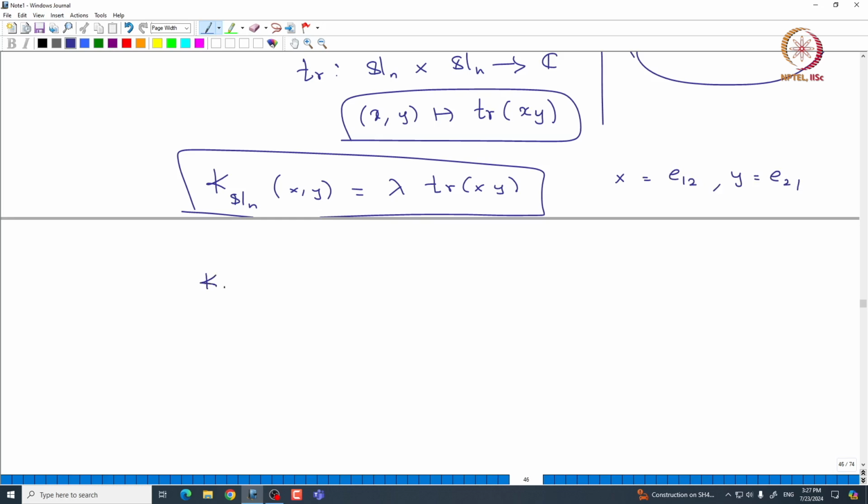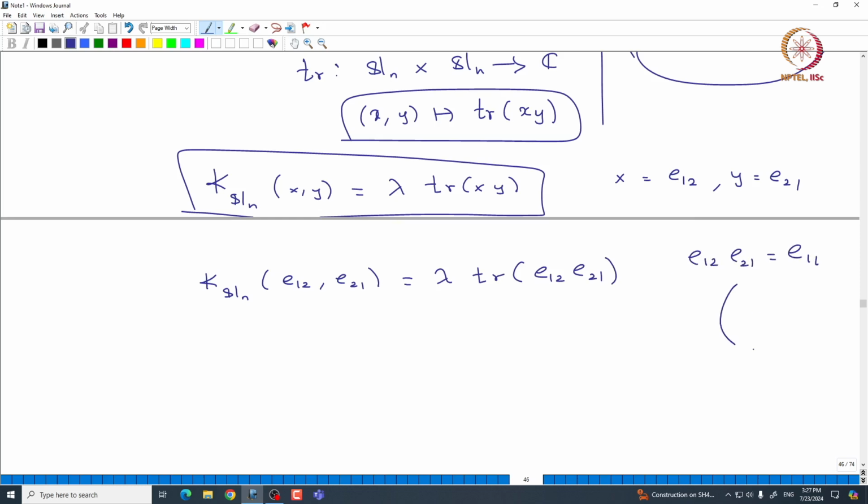Then kappa of SLN of E12, E21 is exactly equal to lambda times the trace of E12 E21, but the product E12 E21 is exactly E11.